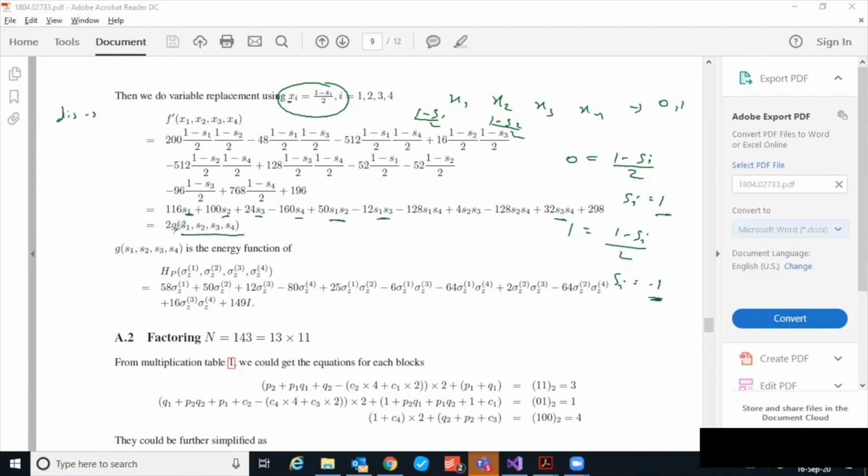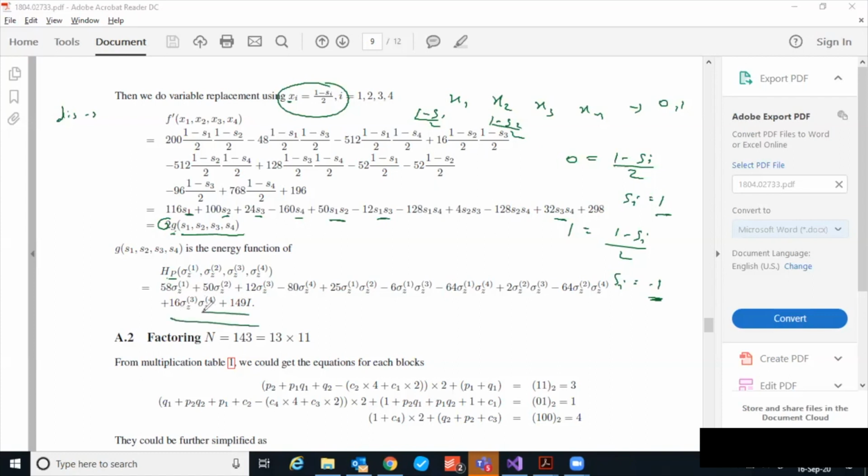Let's call it g of s1, s2, s3, s4, and we can just map it to a Hamiltonian with sigma 1, sigma 2, sigma 3, sigma 4. If you look, we have taken out a common factor of 2 from here, and it's the exact same equation that is above, just divided by 2.